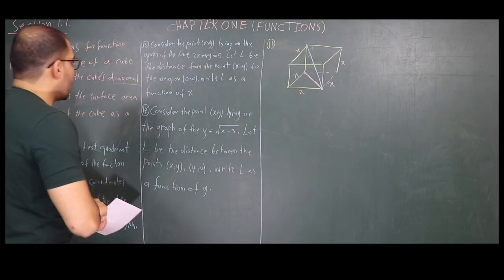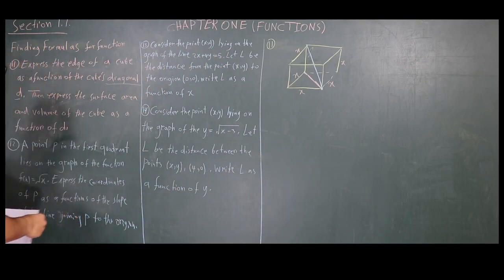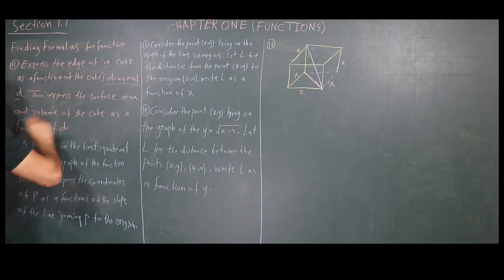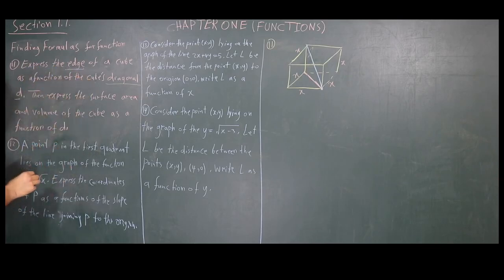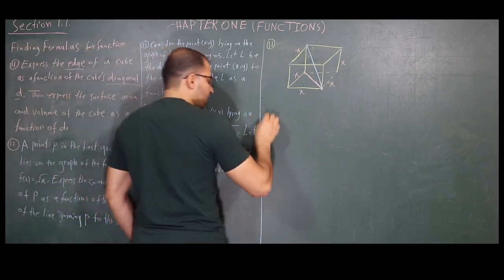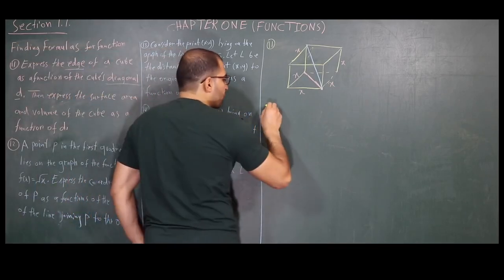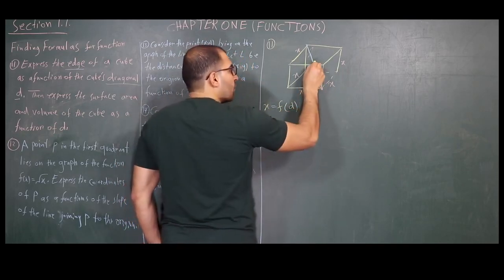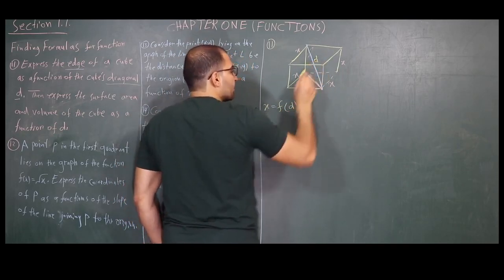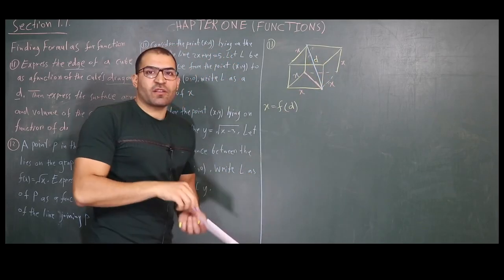Mainly he wants us to express the edge x of a cube as a function of d. So he wants us to find x, to put x as a function of d. The blue line is d.